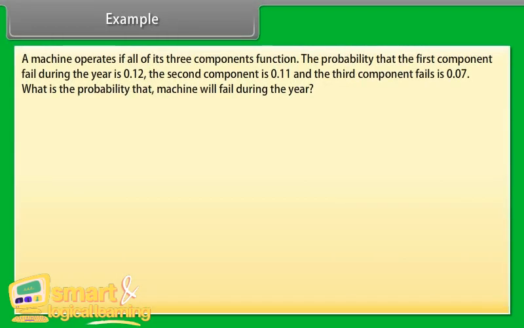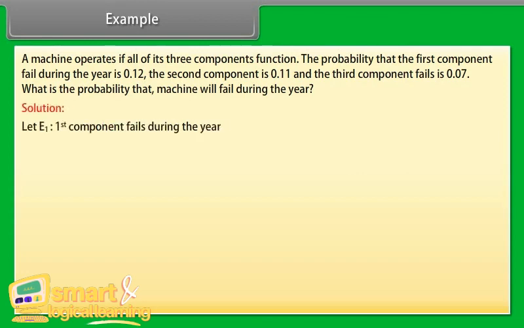Example. A machine operates if all of its three components function. The probability that the first component fails during the year is 0.12, the second component is 0.11, and the third component fails is 0.07. What is the probability that the machine will fail during the year? Solution.